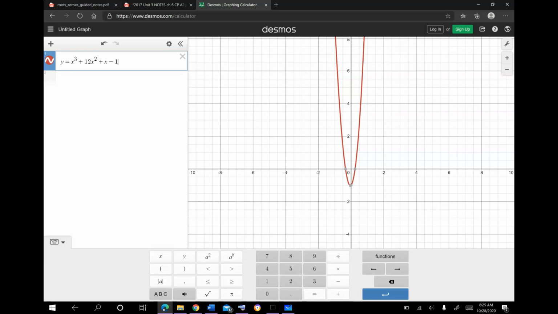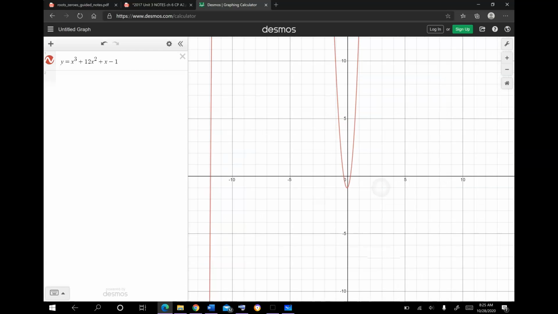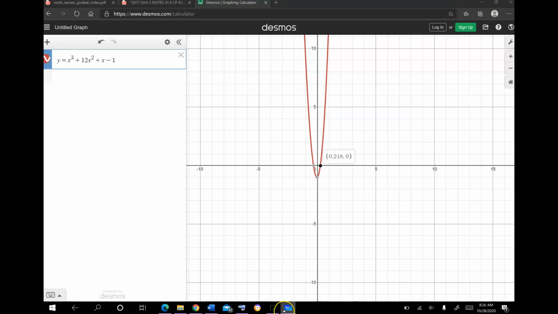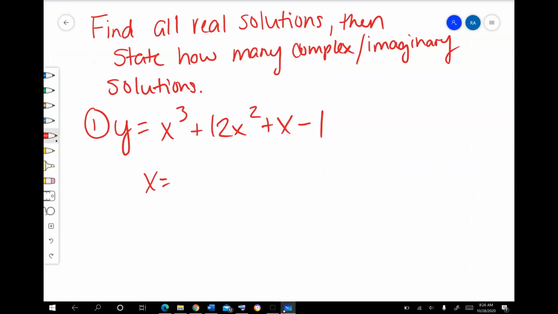Okay? So if you look, sometimes you got to zoom out, okay? So if you look, it crossed. So one solution is going to be, it's just your x value, because remember, solution is like x equals. So one solution is 0.248. So we'll say x equals 0.248, because remember, how many total, I should have said this, but how many total solutions should we have for this one?